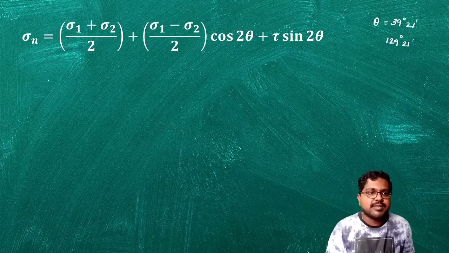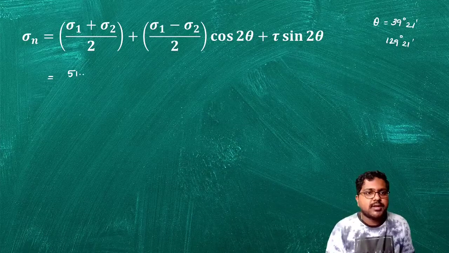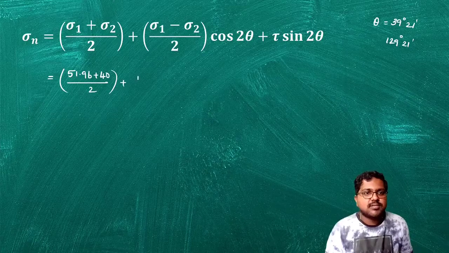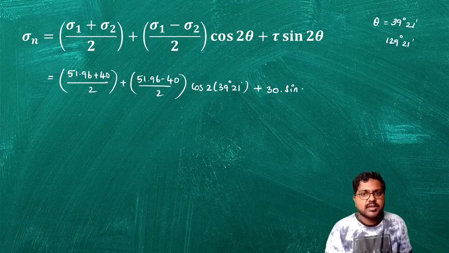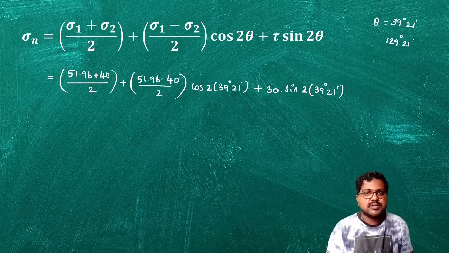Let us see one case here. Sigma n equal to 51.96 plus 40 by 2 plus 51.96 minus 40 by 2 cos 2 into 39 degrees 21 minutes plus 30 into sin 2 into 39 degrees 21 minutes.